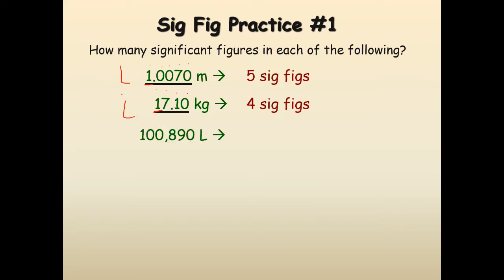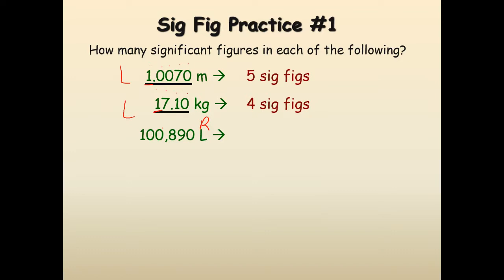Okay, here we go. Now we have 100,890 liters. So once again, ask yourself, does it have a decimal or does it not have a decimal? In this case, there is no decimal. So the decimal is absent. If it's absent, that's the Atlantic Ocean. The Atlantic Ocean is on the right-hand side, so we start counting on the right.